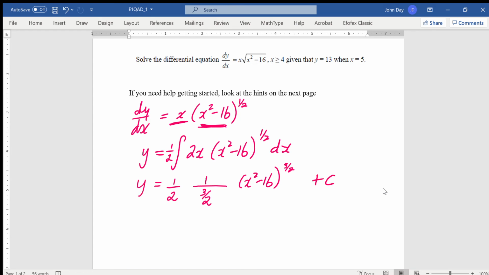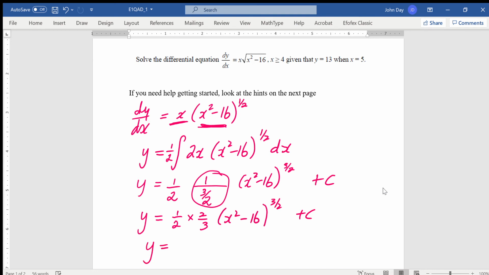Let's make that a little bit simpler. A half and then 1 over 3 over 2. 1 over 3 over 2 is just 2/3. So that's really a half times 2/3 of (x squared minus 16) to the 3 over 2 plus c. So our actual answer is 1/3 (x squared minus 16) to the 3 over 2 plus c.